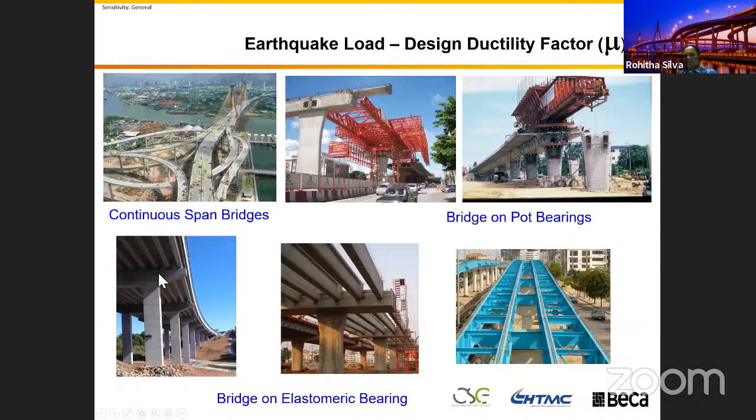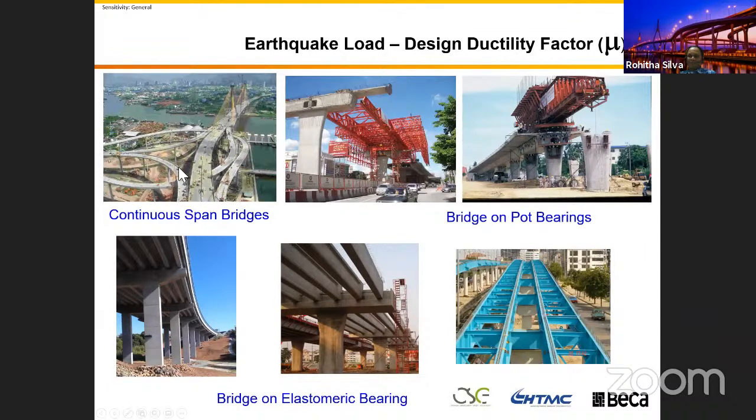It's very different if you are building a simple span bridge like this steel bridge, or the standard I-girder and super T bridges on elastomeric bearings, sometimes with a link slab on top, or the continuous post-tension bridges. In some, the superstructure and substructure are integral, like the first two pictures, and the other one sits on pot bearings, but the deck is continuous, and the ductility is different.